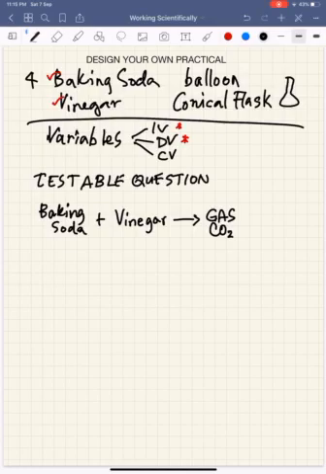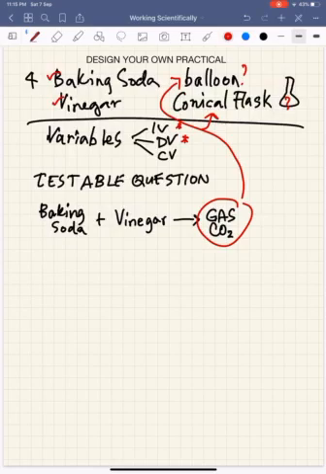Now make the connection. Gas will be produced and you are supplied with a balloon and a conical flask. What do you think the conical flask is for? And what do you think the balloon is for? The clue here: baking soda plus vinegar will surely have a reaction.